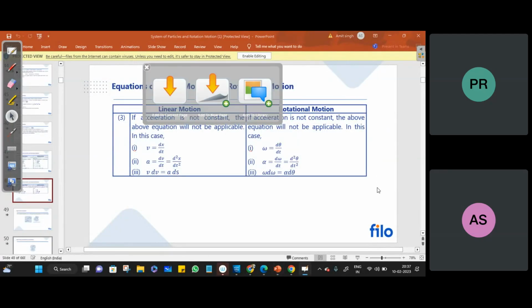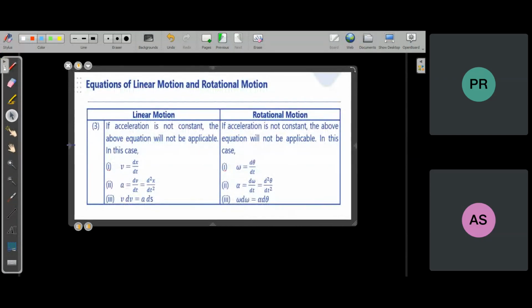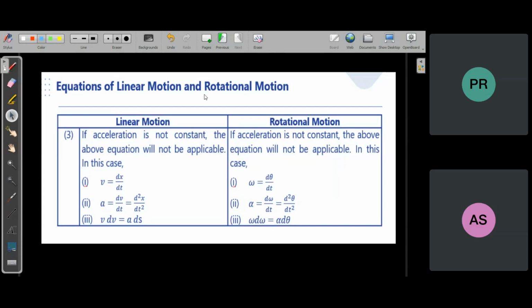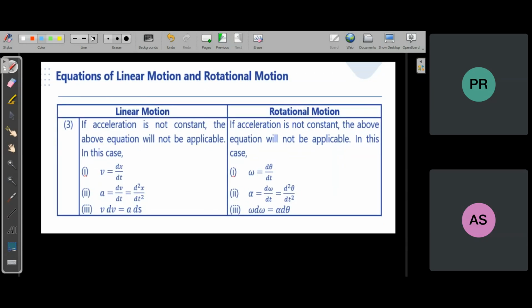These are the kinematic equations which you can use as they are for rotational motion also. Just see the equations for rotational motion. Do you understand this, or do you have a doubt in any of this? Linear you already studied in kinematics. Now look at the rotation. Okay, understood.